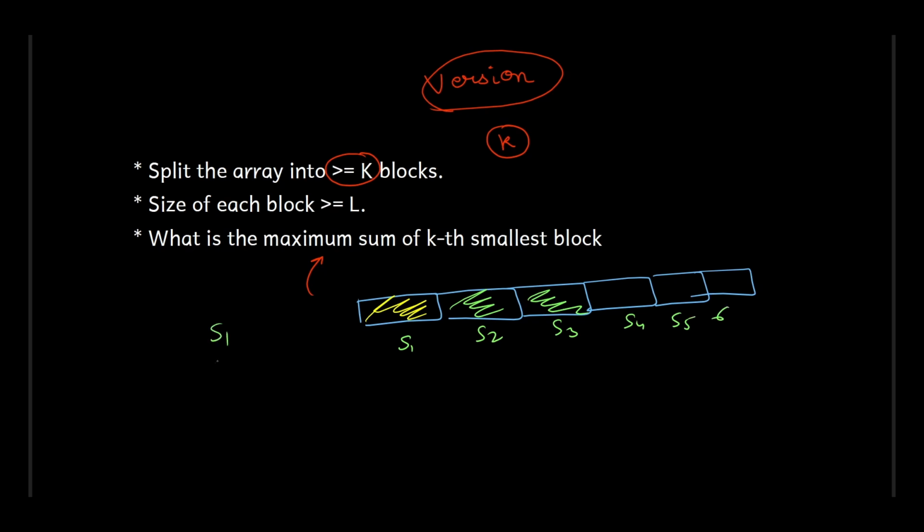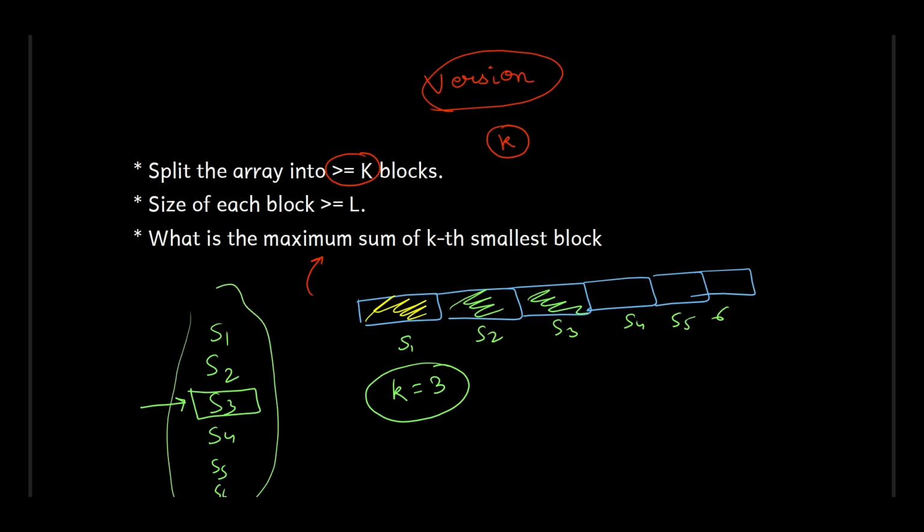So if k was equal to 3, this means that you have to maximize the sum of the block at position 3. So no matter how many blocks you create, you will do the sorting every time, and then you will find the rank of the kth block, and you have to maximize the block that is at the kth rank when you read from smallest to largest.